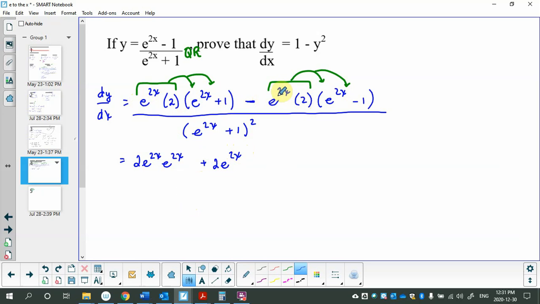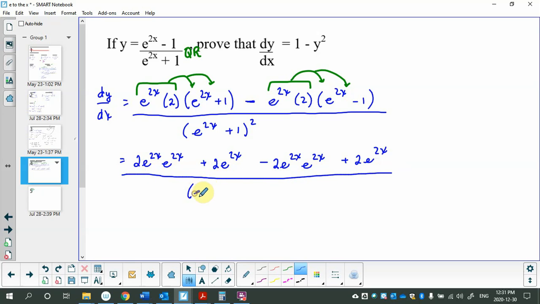Negative 2e to the 2x times e to the 2x. And negative 2e to the 2x times negative 1. All of that over the same denominator.